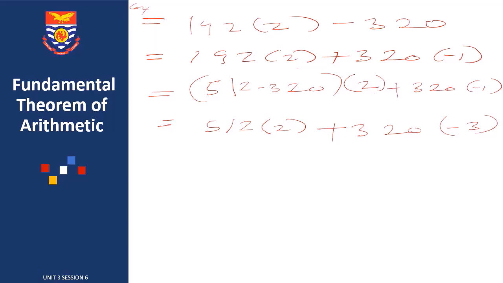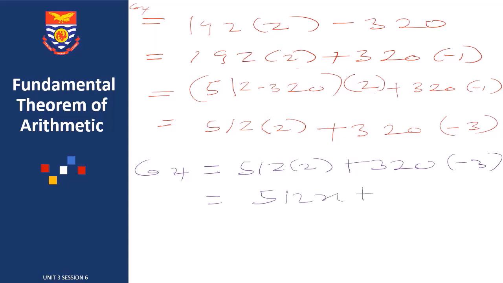Therefore, 64 is equal to 512 times 2 plus 320 times minus 3, which is 512x plus 320y.